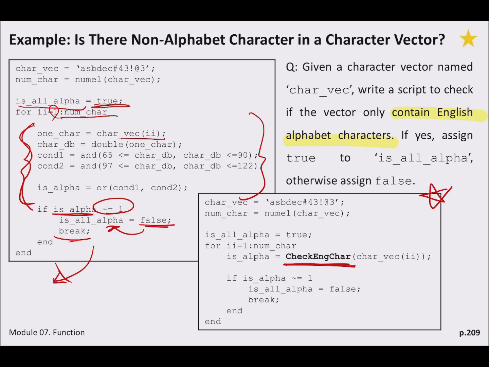Make sense? Of course, there are many different ways to solve this problem. We could use an existing built-in function, or simply use the operator. But this example is just to show that you can reuse your custom function. And if you reuse your custom function, your script is much more readable and you can shorten your time for debugging. Make sense?